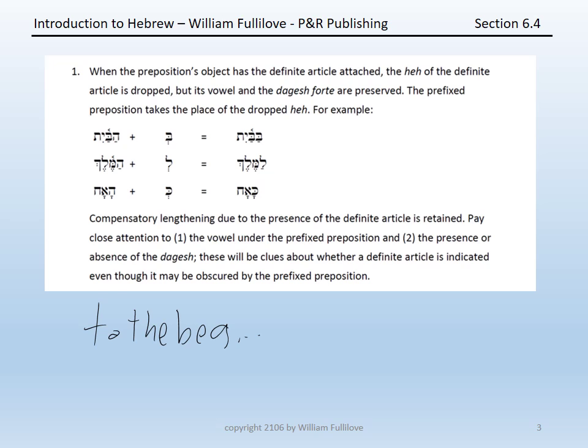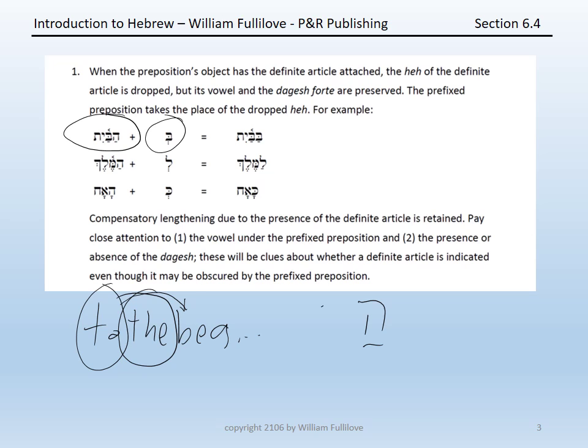In this case, we would not be attaching the English "to" directly to "beginning" because of the presence of the definite article "the" between. The same issue develops in Hebrew. If you have ha-bayit, the house, and you wish to say in the house, what happens when you attach ba to the beginning of the word?